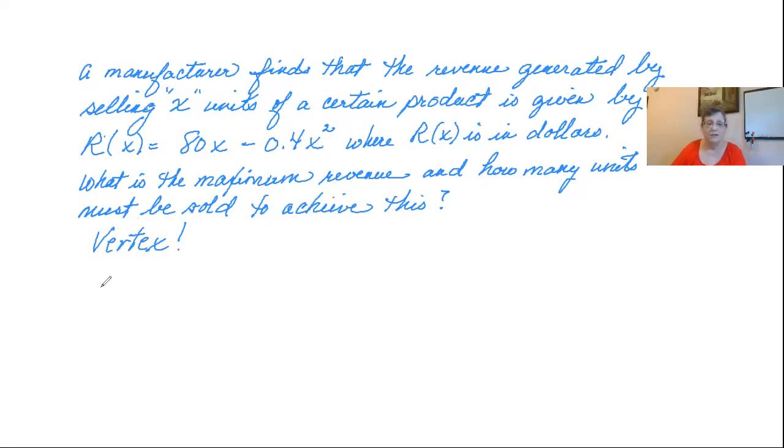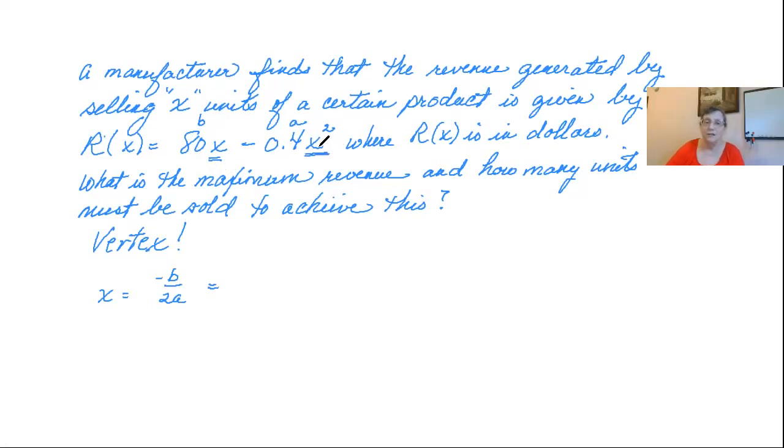So to find the vertex, we're going to use x equals negative b over 2a. And again, 80 is b, negative 0.04 is a, because B is the coefficient of the X, A is the coefficient of the X squared, and this doesn't have a constant term.